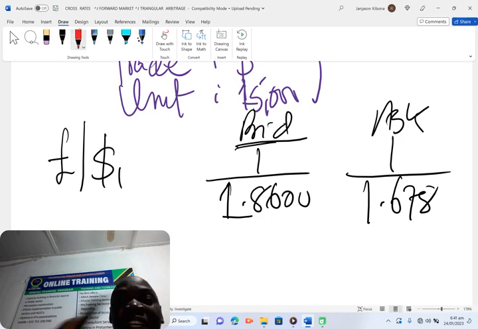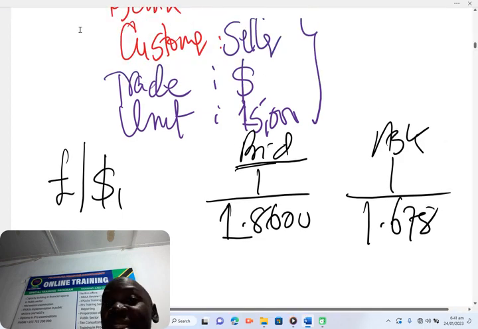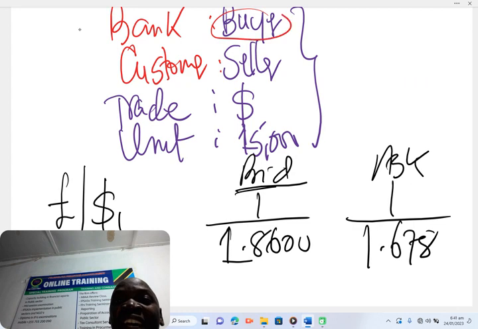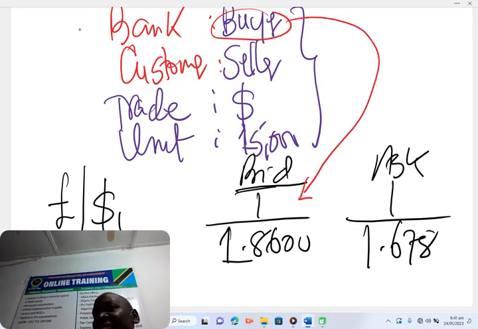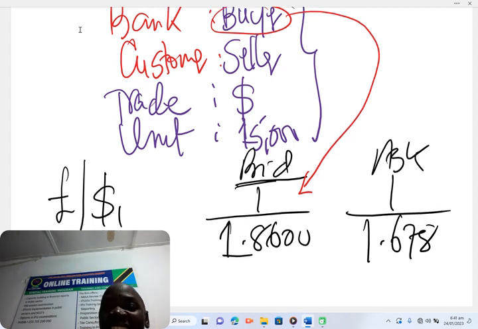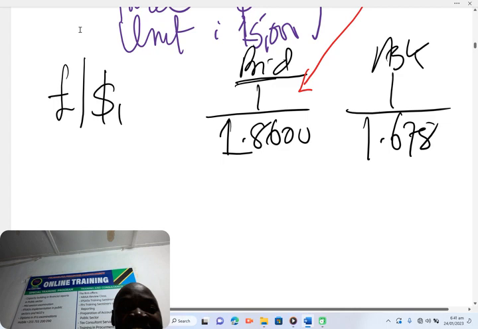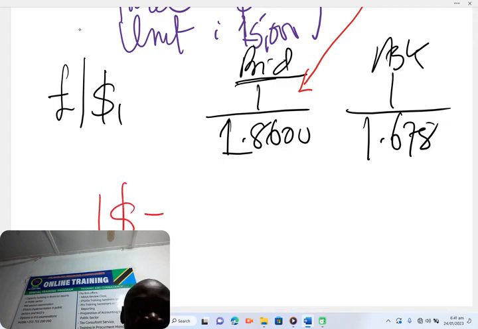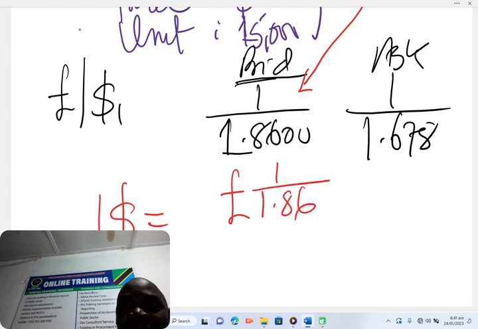Now, select a rate. Which rate are we going to select? A bank is a buyer. Therefore, select bid price. It's simple, isn't it? So, the selected rate says $1 equals to pound what? Pound 1 over 1.86.